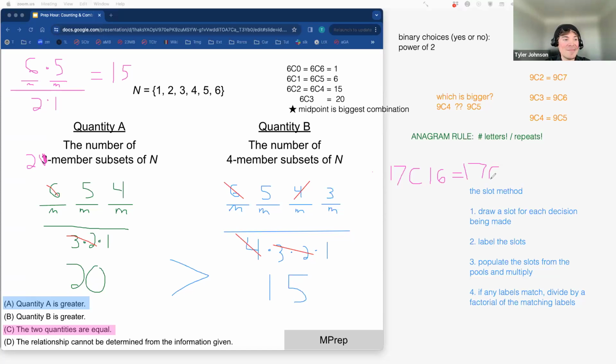It's going to be the same as 17 choose 1. The number of ways to pick one thing from 17 is equal to the number of ways to exclude one thing from 17. The answer is just 17.